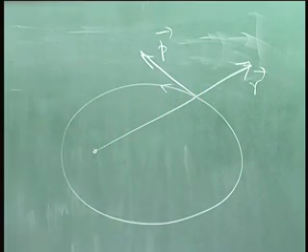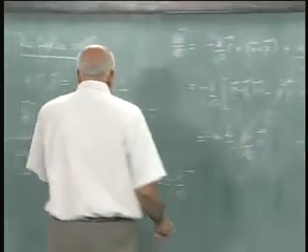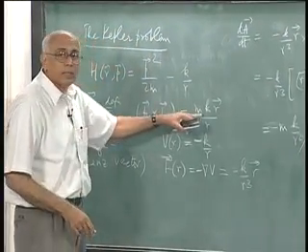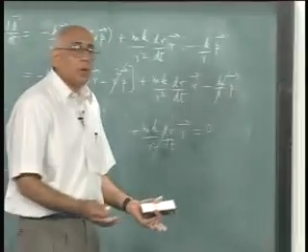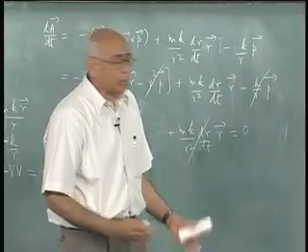Now this guy here is p cross L, there is a further p cross L and then there is an r, so in which direction is it? Well, you could find this at any point in the orbit, it is the same at all places, right.